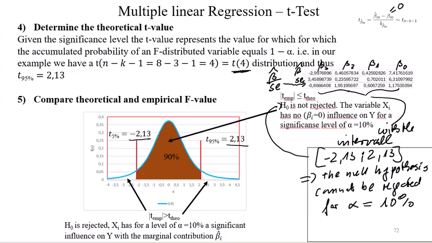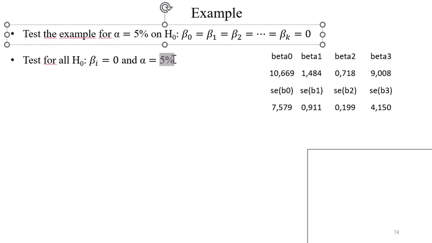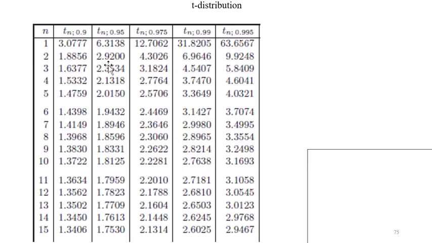Okay, and this would be then just another example. Again, this would be our beta values, and this you can then do at home, calculating 10 over 7.5, 1.4 over 0.9, and now for an error probability of 5%, and this you can then look up.